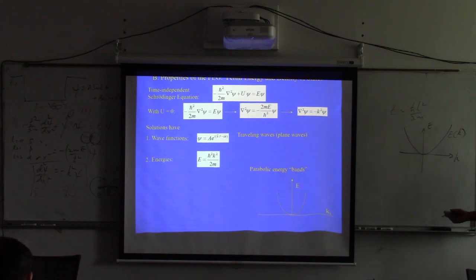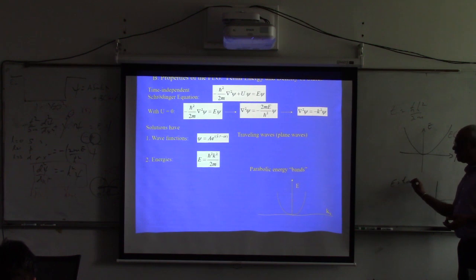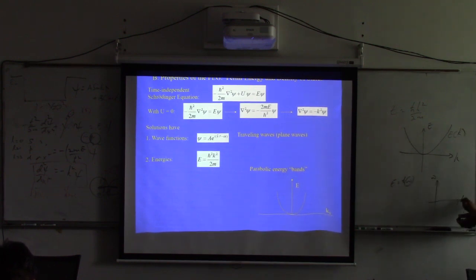Remember in the phonons, how was the dispersion relationship? For phonons, E was ħ omega, but then omega versus k, we know how it is. In the elastic medium, that is a straight line, with slope Vg. For the monoatomic one, it is something like sine of k a over 2.